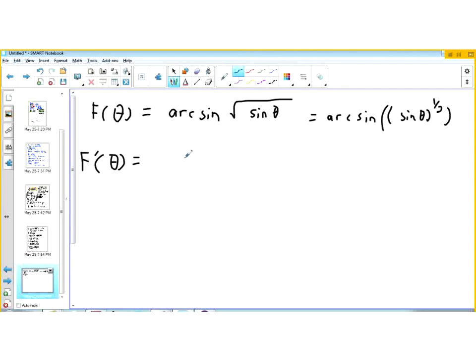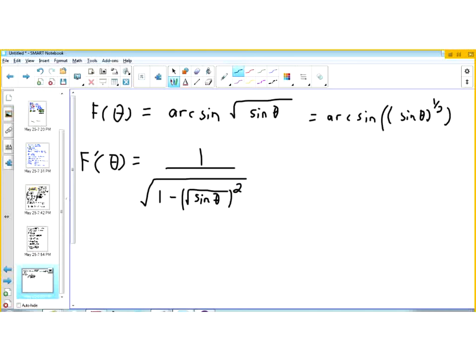So f prime of theta, as we recall, the derivative of the arc sine function, would be the derivative of the outer function. The outer function is the arc sine function, so that would be 1 divided by the square root of what? 1 minus the function squared. In this case, the function is the square root of sine theta.